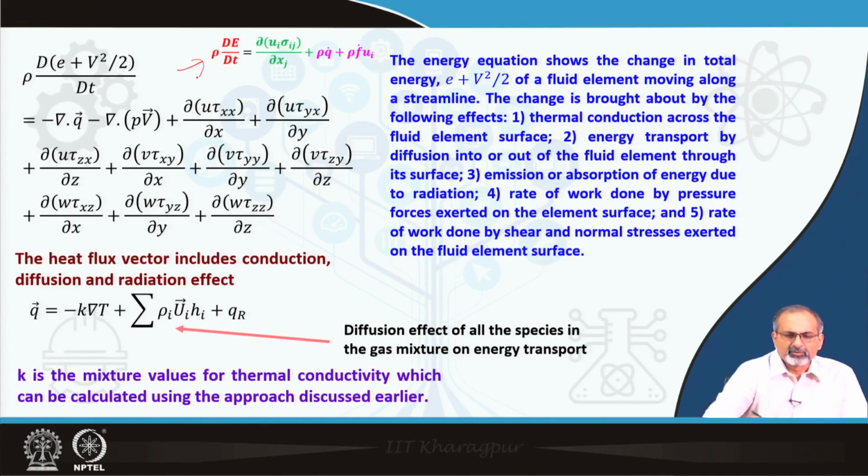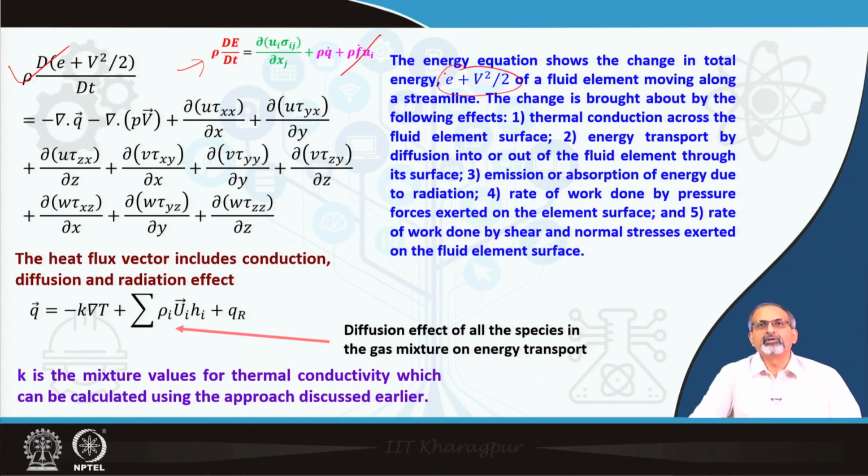Coming to the energy equation, we have the original form like this, where we are neglecting the body force, and with the current nomenclature we can express it in a form like this. The energy equation shows that the change in total energy, which is e plus V square by 2, of a fluid element moving along a streamline would be affected by different effects.